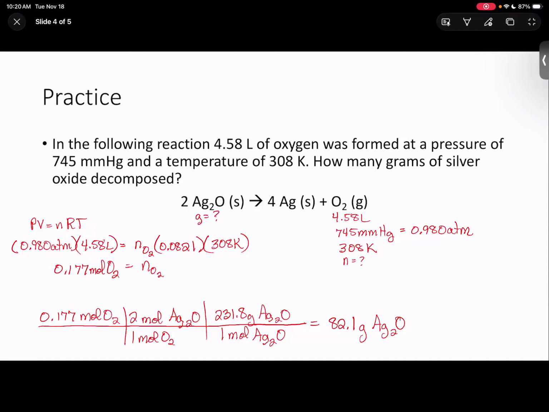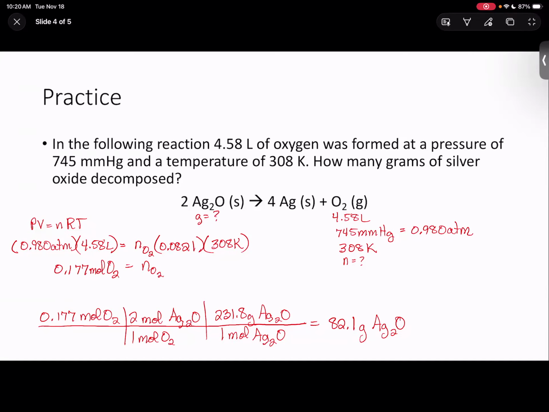Folks, this is the other portion that you did yesterday. Once you use Dalton's law of partial pressure, you then calculated your moles of oxygen using PV equals nRT. You then took the moles of oxygen and converted it into moles of peroxide using the mole-to-mole ratio from the balanced chemical equation.